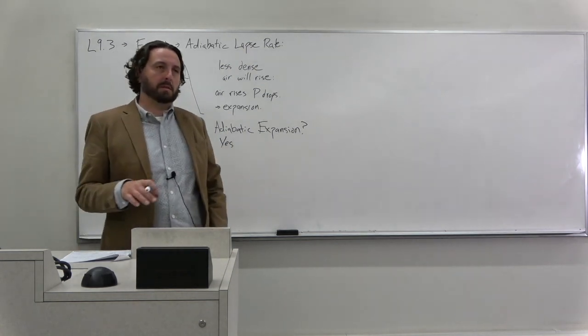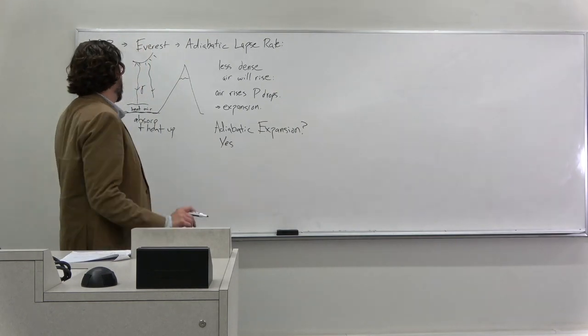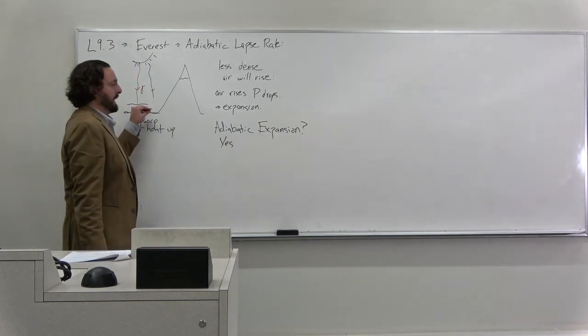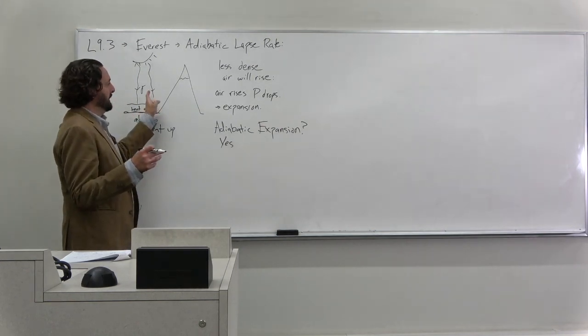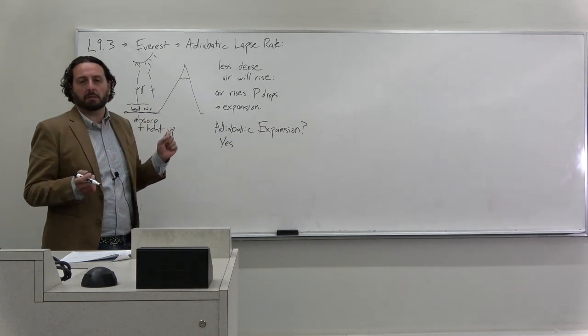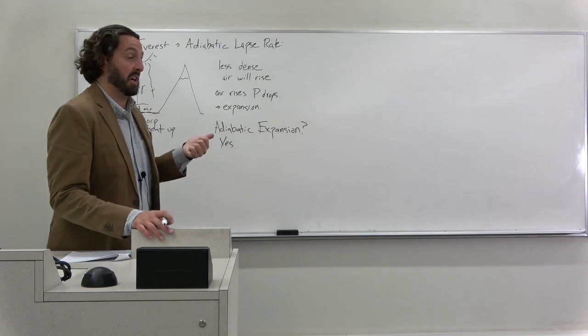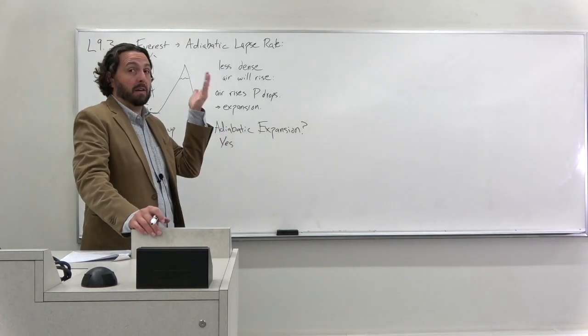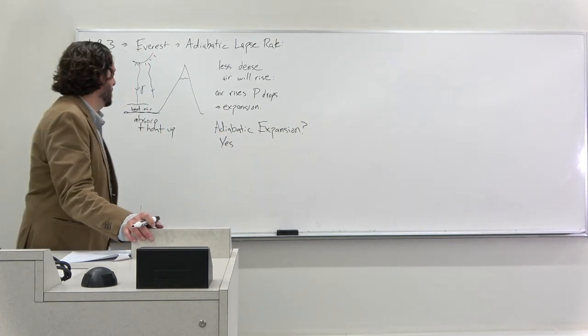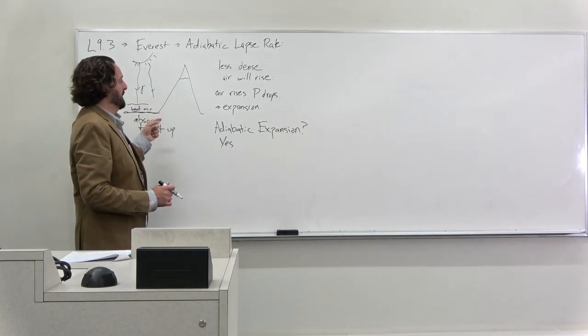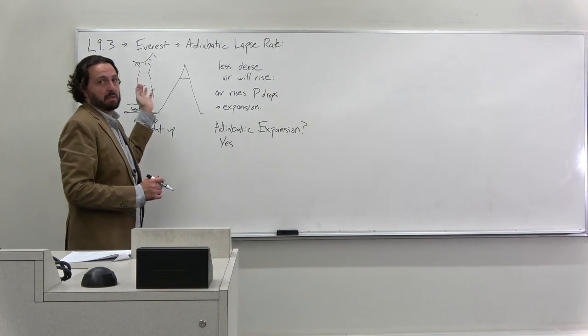It's almost adiabatic expansion. That is, as the air rises and expands, it really isn't exchanging heat with its surroundings. First off, it's doing this very quickly, and so there's not even enough time for it to exchange. And also the cross-section of the air with the surroundings is very small.